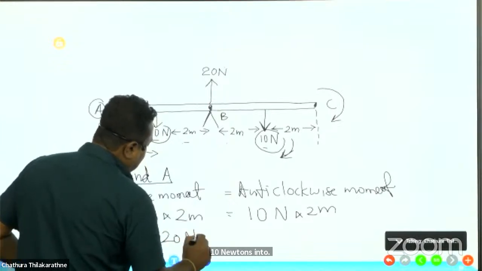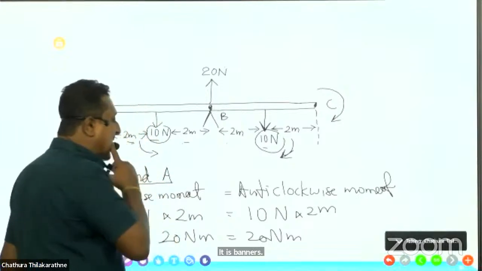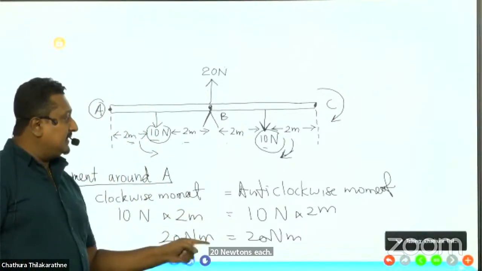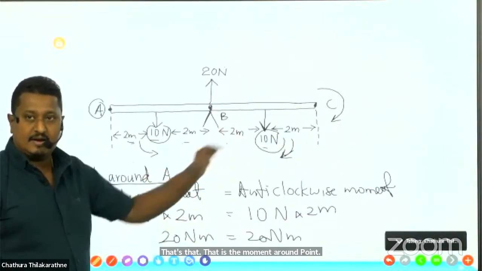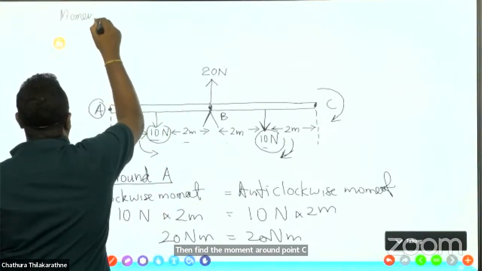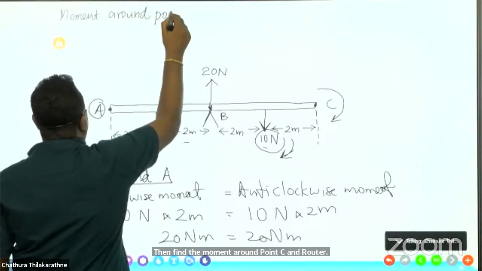Once again, it is balanced. 20 newtons each. That is the moment around point B. Then find the moment around point C.